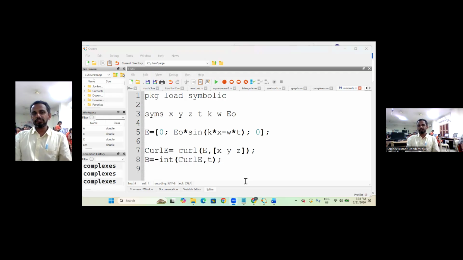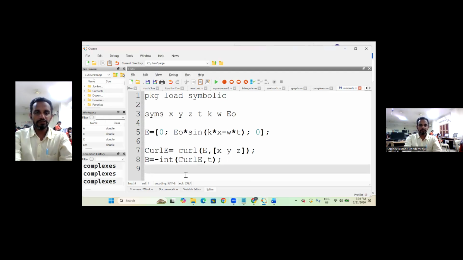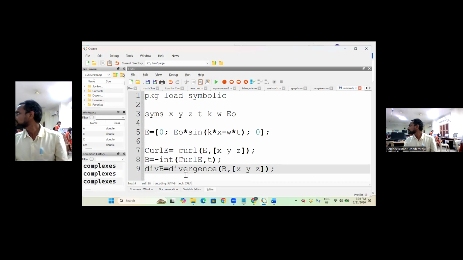B is equal to the negative integral of curl E with respect to variable t, and then div B, divergence of B with x, y, z.